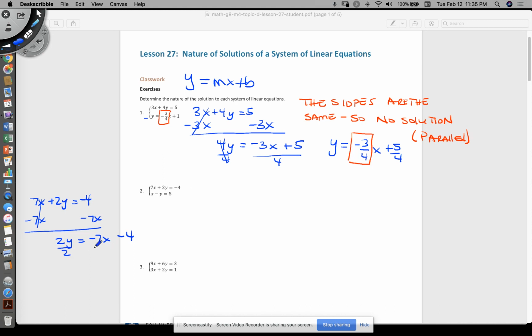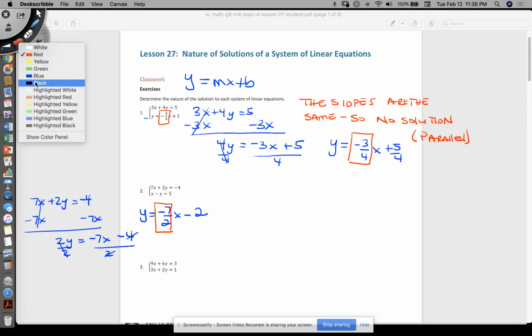Divide by 2 to everything. And my final outcome here is y equals negative 7 over 2x minus 2, because 2 goes into 4 2 times. I'm going to go ahead and highlight my slope here.